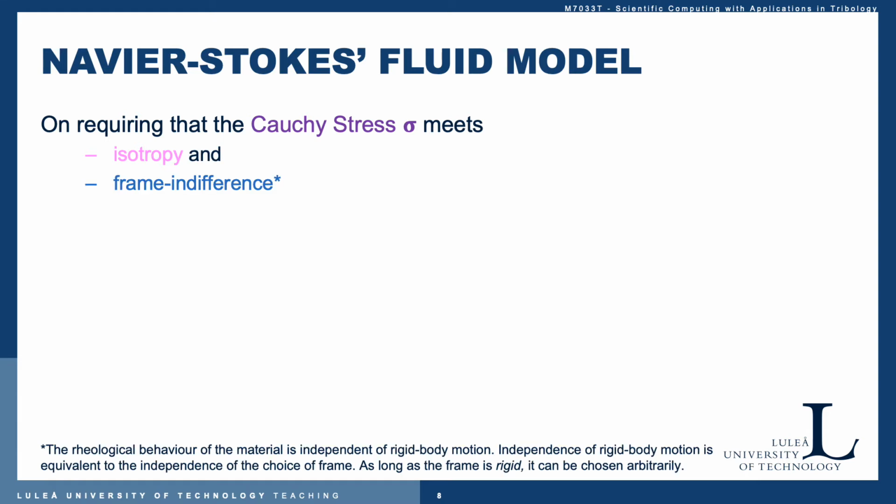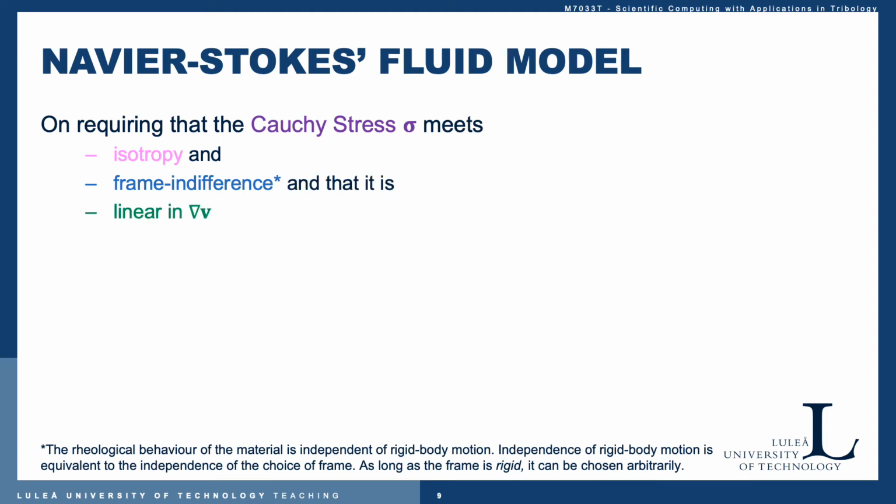It also needs to meet the frame indifference requirement, and that is that the rheological behavior of the material, which is a fluid in this case, is independent of rigid body motion. And independence of rigid body motion is also equivalent with independence of the choice of frame. So as long as the frame is rigid, it may be chosen freely.